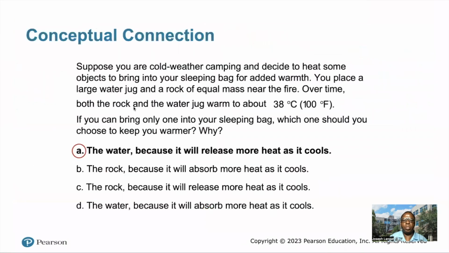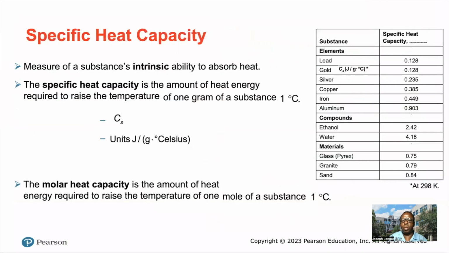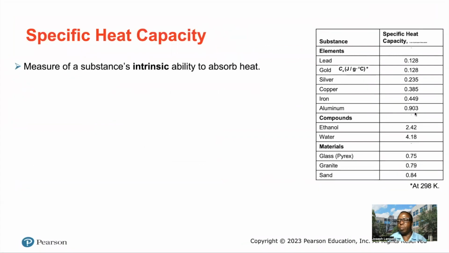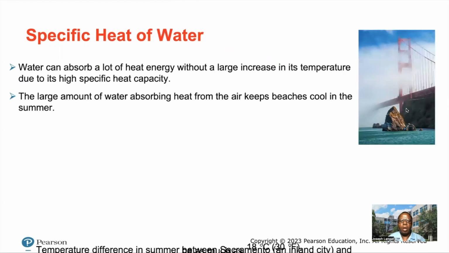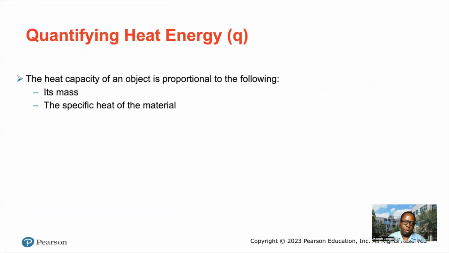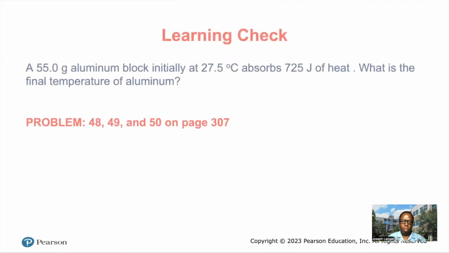Let me just go back to the section. You see aluminum? This is the specific heat. You'll be given it for a problem unless you are asked to calculate the specific heat. You'll be given all the information you need. So once I write that down, or if I'm given that, all I have to do is note the specific heat.